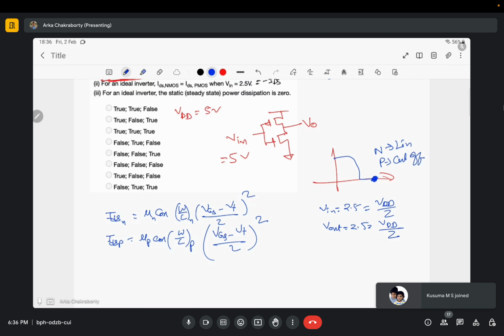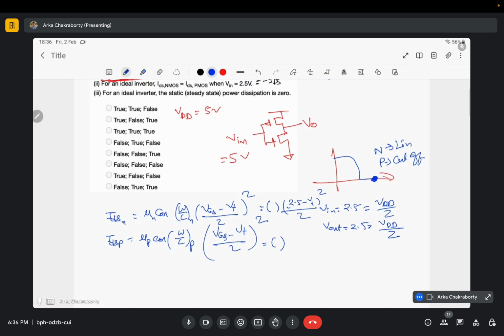You can see here my VGS for NMOS would be 2.5 minus 0, so it will be 2.5 minus VT. It would be something into (2.5 minus VT) square by 2, and this term into VG is 2.5 minus 5 minus VT by 2.